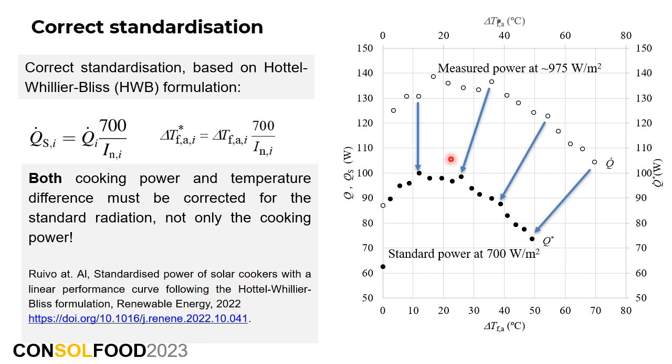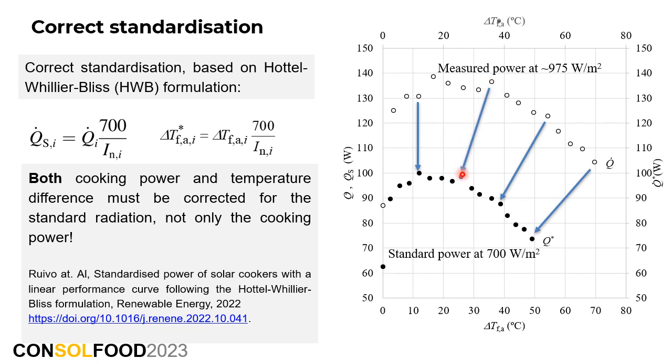On the right part of the slide, you can see a plot showing visually what the correct standardization is. For example, this is the original cooking power, and this is the corrected cooking power. In this case, this original cooking power is corrected to this one.